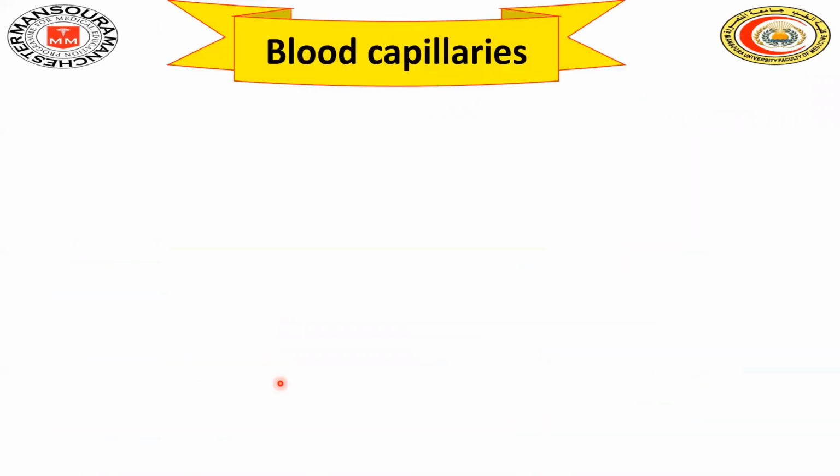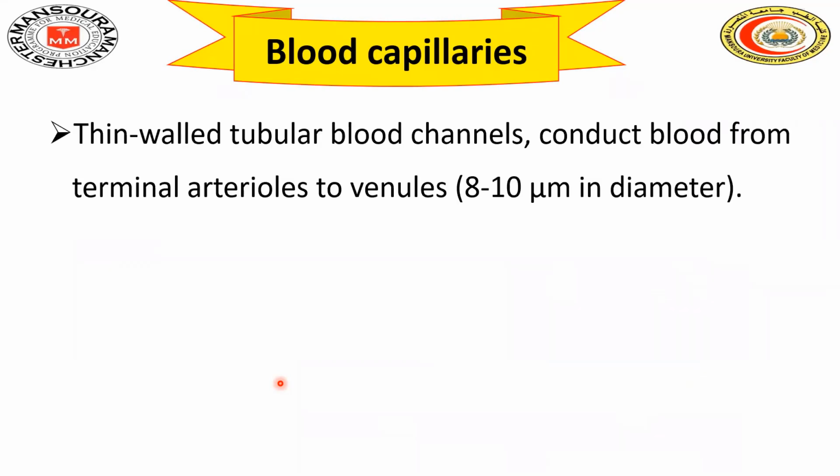The first one of the AV connection is the blood capillaries. To define these capillaries, they are thin-walled, tubular blood channels. These are the criteria of the capillaries. It is a tubular blood channel which has a thin wall. Compared to other vessels, when we compare it with the arteries or veins, the capillary wall is very thin.